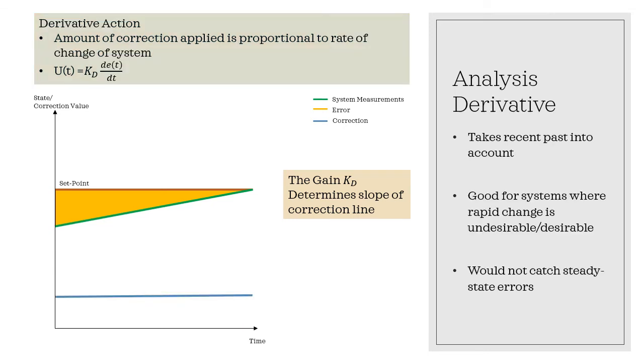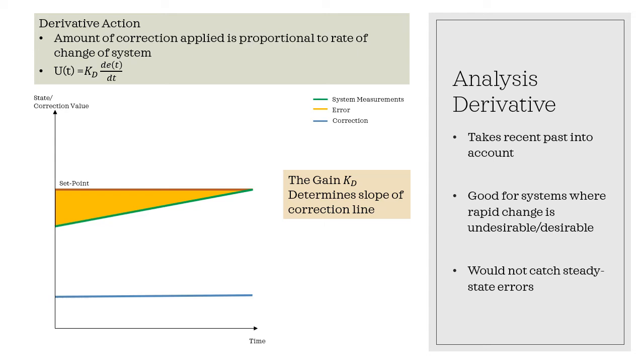Now, for derivative control, the correction is proportional to the slope of the error. We see here that we approach the set point in a straight line, and we have a constant value correction. If this was a curved line, we'd have a curved correction value applied. But I think it should be immediately obvious the drawback of a derivative action.